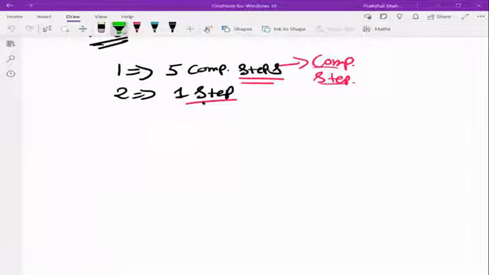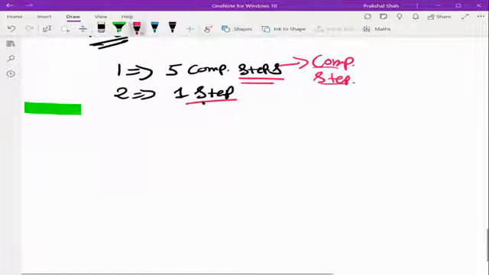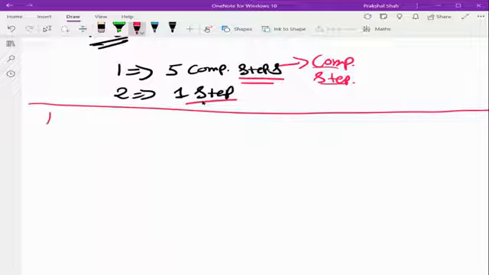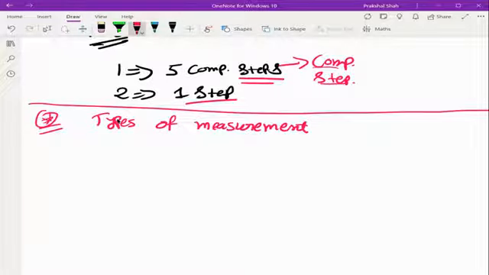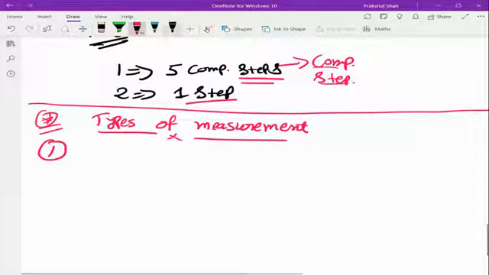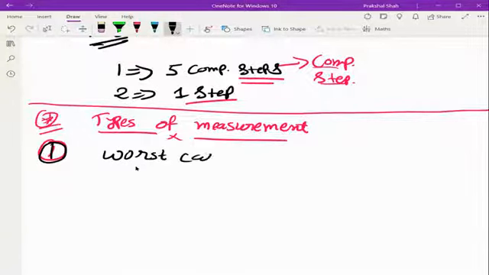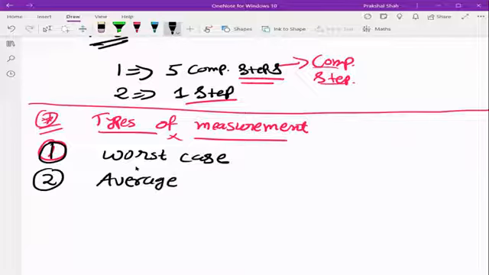Now I'll tell you what types of measurements we take care of. The first is the worst case. We will calculate the worst case of our solution, the average case, and the best case.